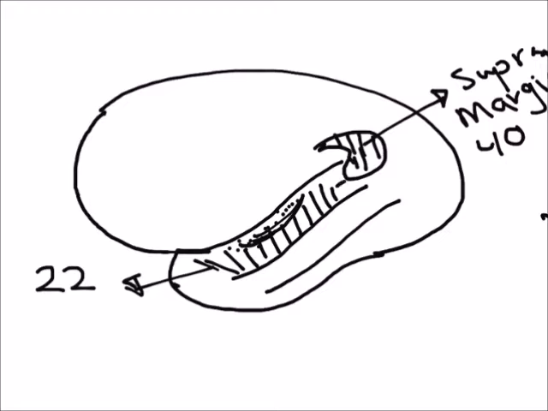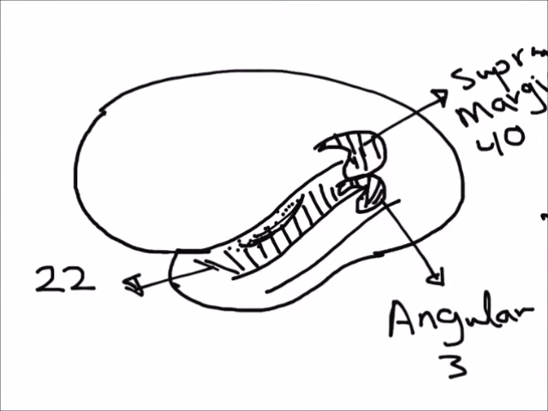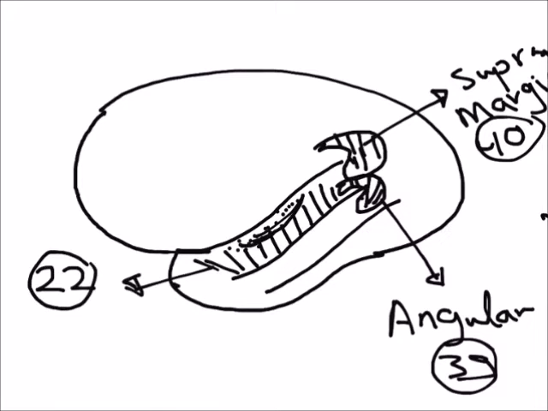And this area here, which is located in the posterior part of the superior temporal sulcus, is called the angular gyrus, or area 39. So area 40 and area 39 and the posterior part of area 22, we are calling this area Wernicke's area of the brain.